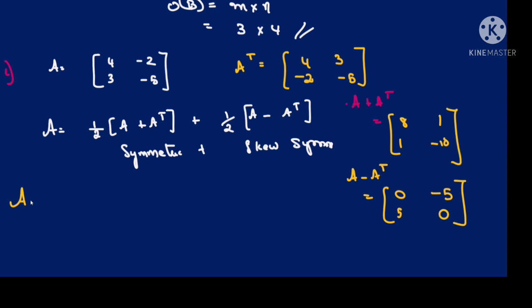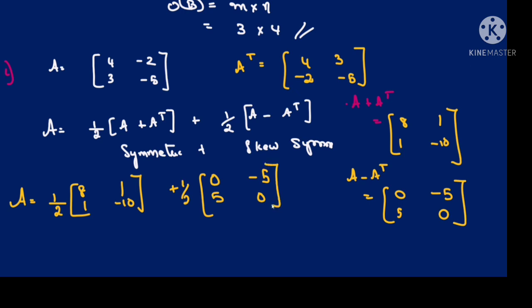So matrix A is half of A plus A transpose, which is 8, 1, 1, minus 10, plus half of 0, minus 5, 5, 0. That's all. So we have written the matrix A as a sum of symmetric and skew symmetric.